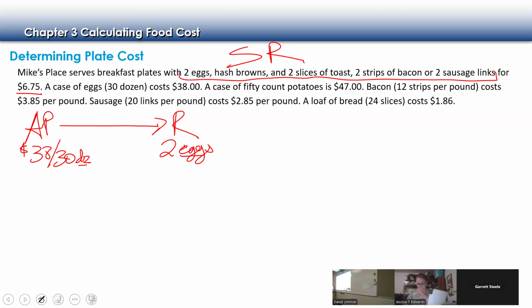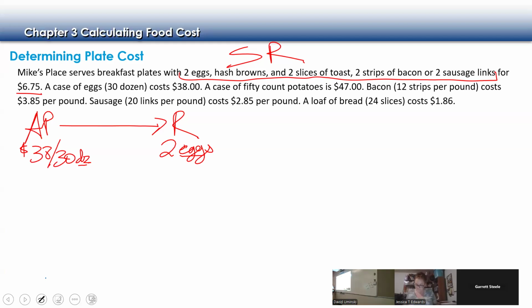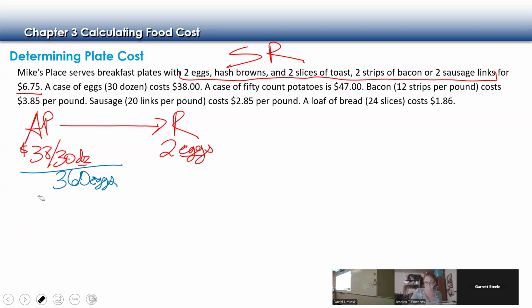Change the units of dozen to individual eggs. Okay, so how many eggs are in 30 dozen? 12 eggs times 30 dozen is 360 eggs. So I divide $38 by 360.